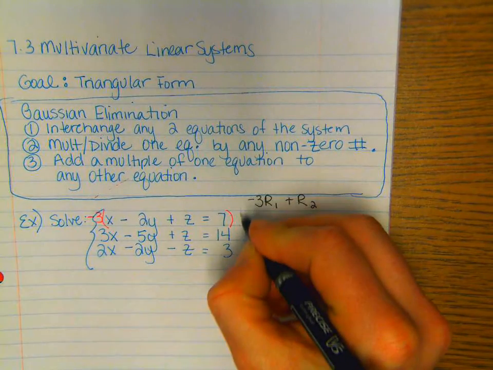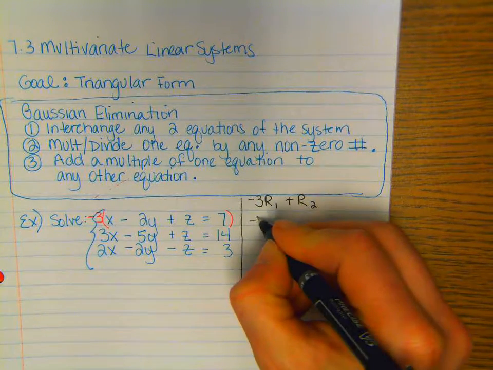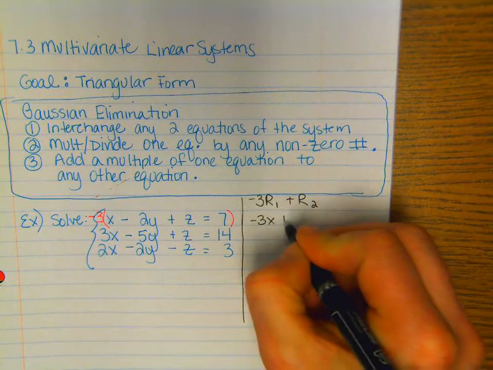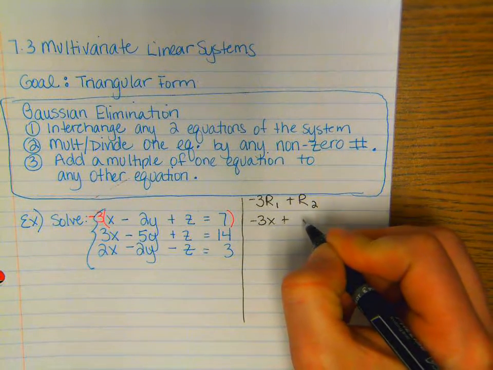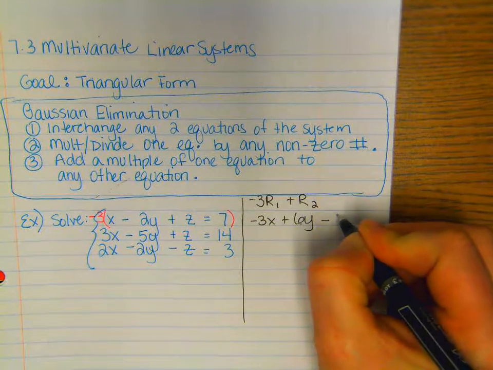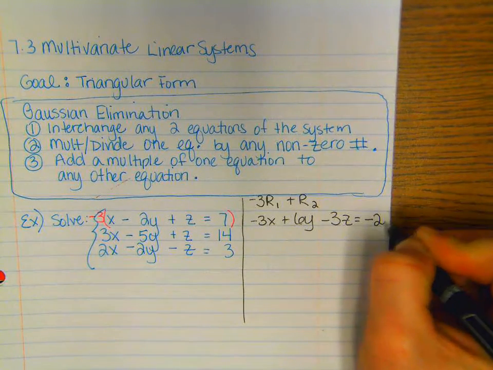Negative 3x plus 6y minus 3z equals negative 21. I am going to write row 2 just below it.